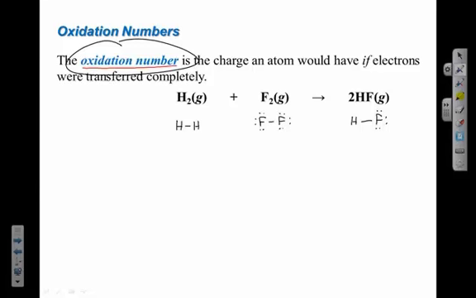If the two atoms sharing the electrons have the same electronegativity, then they split the electrons evenly. Right? So once we draw the Lewis structures, that's step one. Then step two, split the bonds.